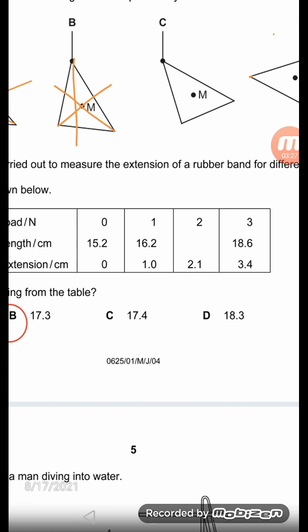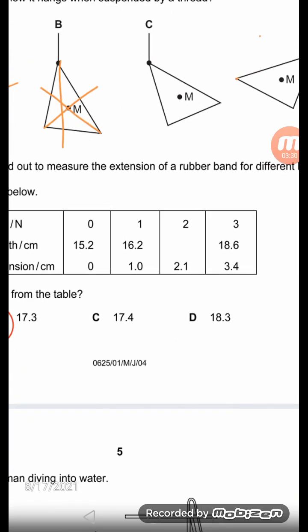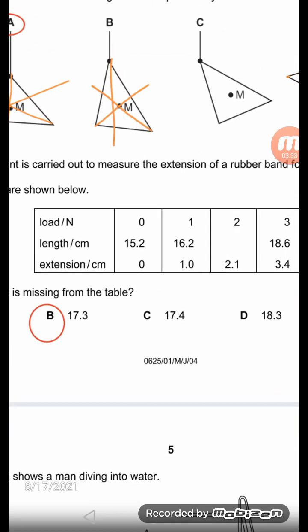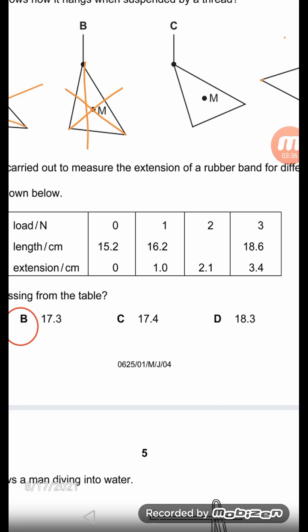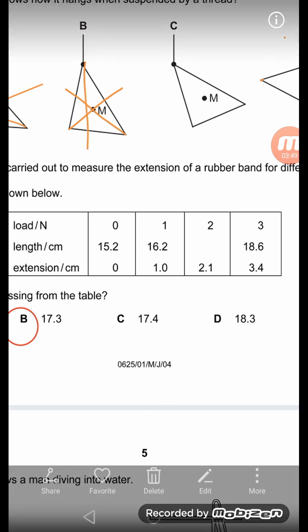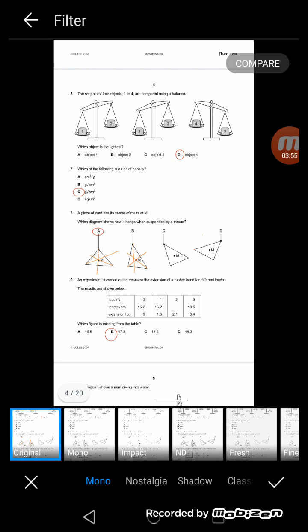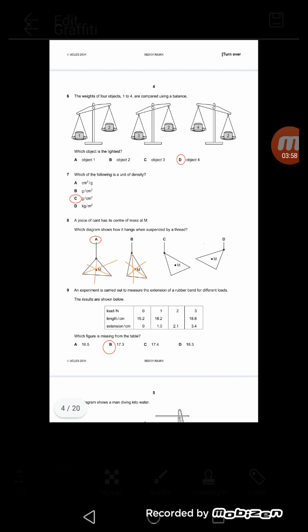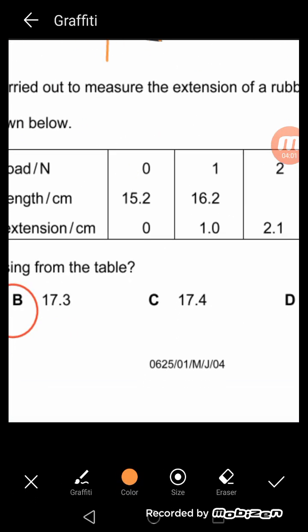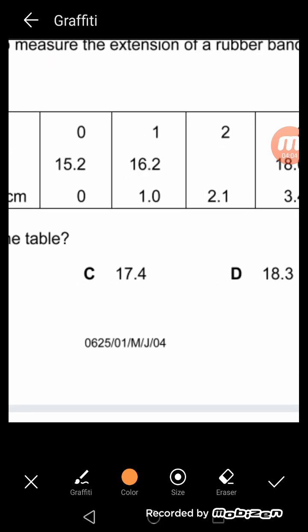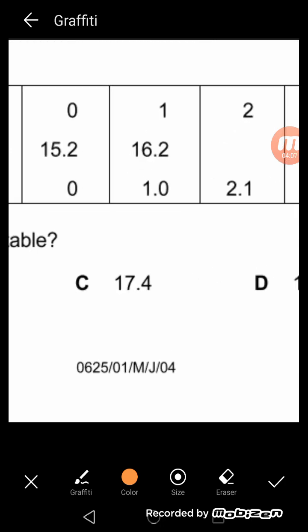Now what do you mean by this extension? Do you have to add 3.4, or what? No. See, if you add 1 Newton, the extension is 1.